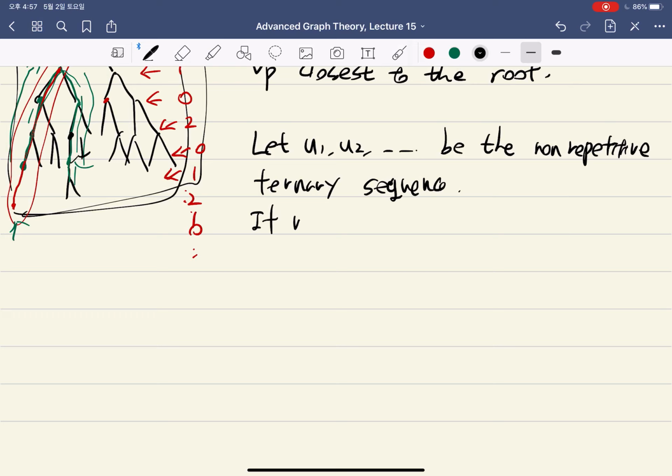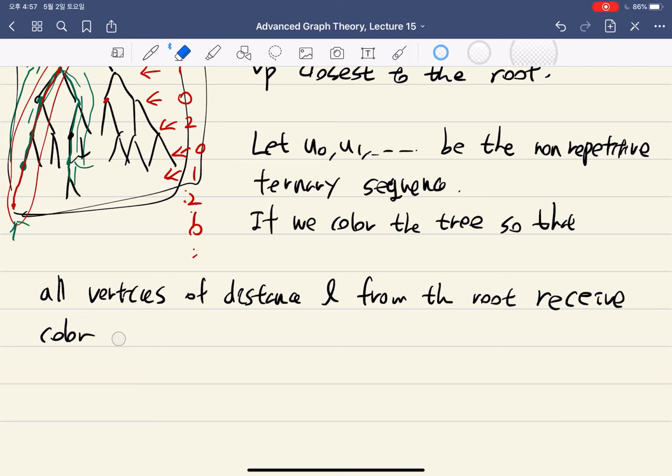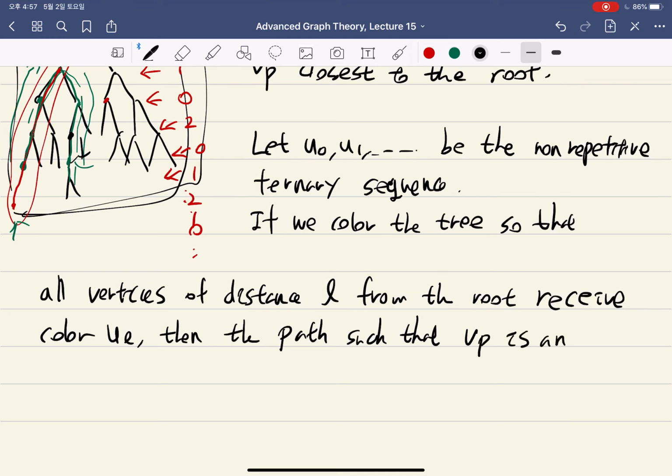And if we color the tree, let's say it starts from u0 and u1, if we color the tree so that all vertices of distance L from the root receive color u sub L. Then, as I mentioned before, a path such that VP is an endpoint will be non-repetitive.